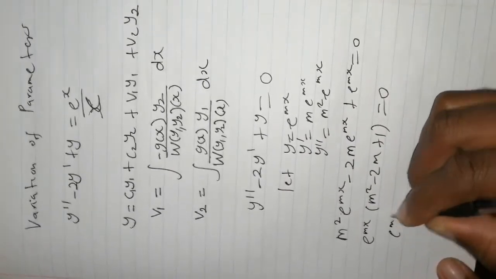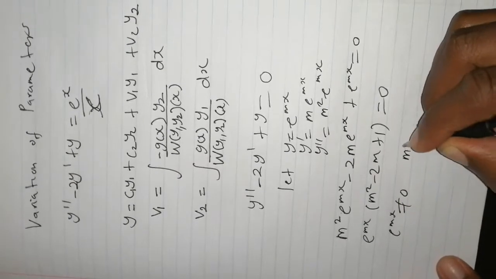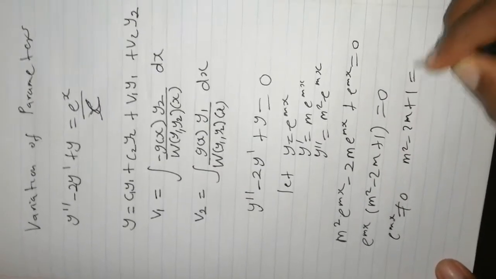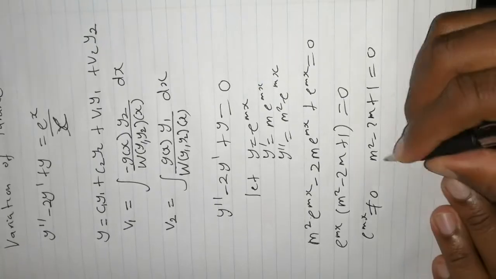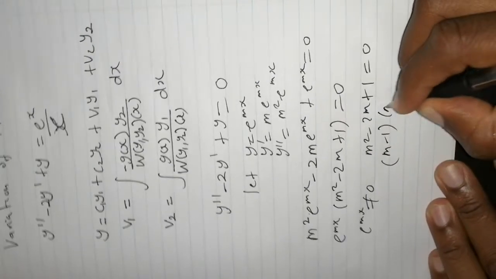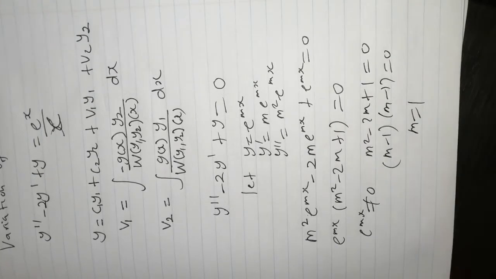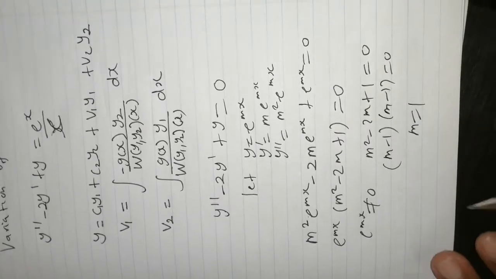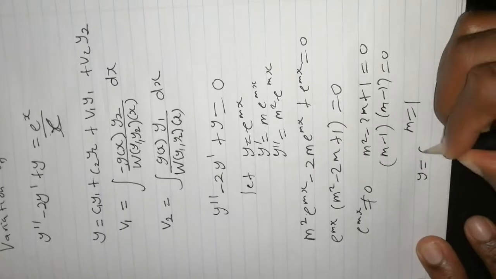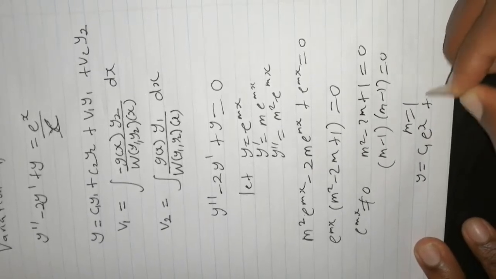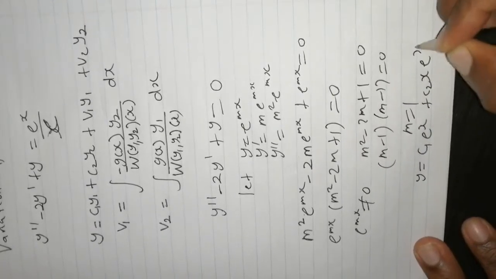So this means that e to the power mx will not be equal to 0. m squared minus 2m plus 1 is equal to 0. So (m minus 1) squared equal to 0. So this is an example of case 2 that I was telling you about. So y equals c1 e to the power x plus c2 x e to the power x.